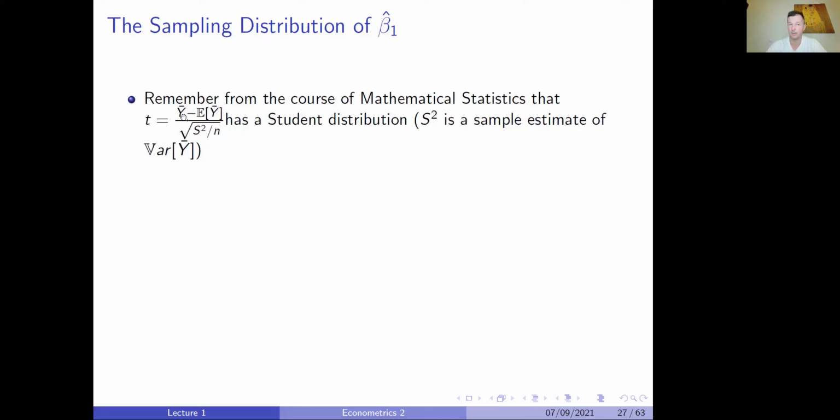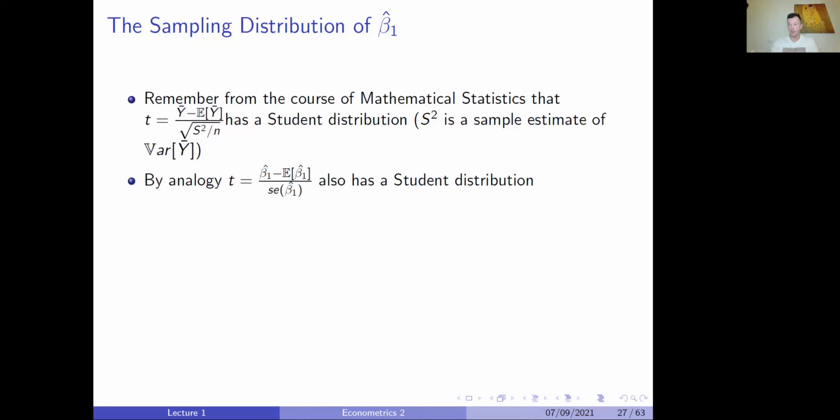This is a random variable. This is another random variable. We believe that y bar is distributed normally. We believe that S squared is distributed based on the chi-square distribution. And the whole statistic has a Student distribution. This is a parametric distribution. We know exactly the shape of this distribution and its quantiles. We are able to establish the probabilities regarding this distribution.